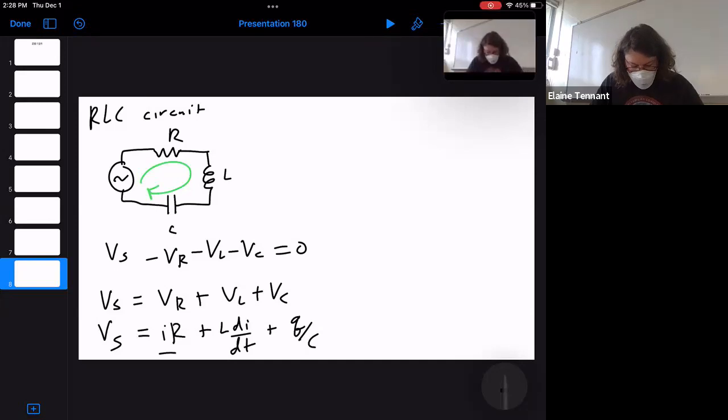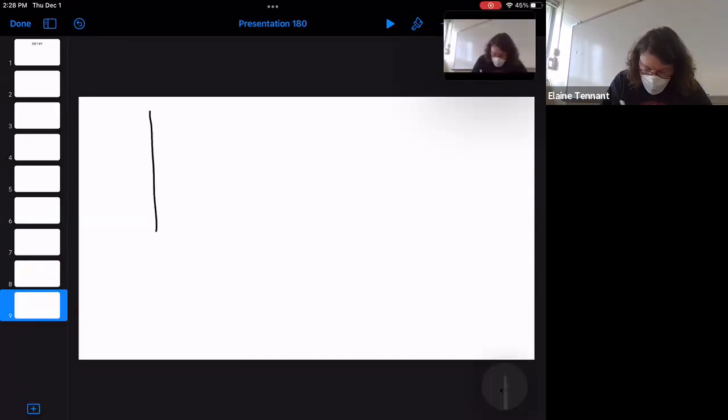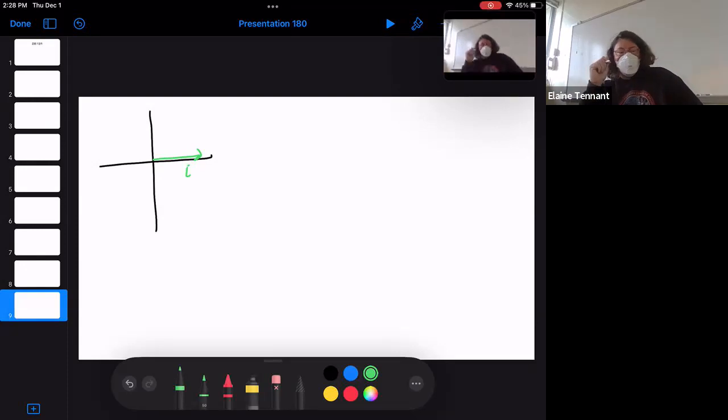It means that I'm going to have a phase diagram where I'm going to put my current along the axis like that.